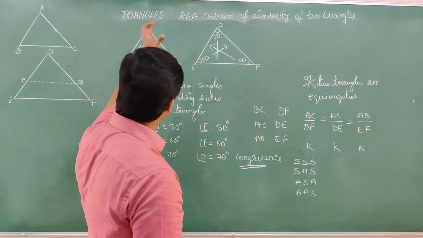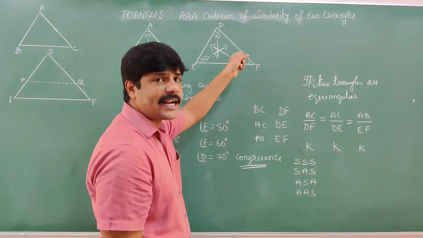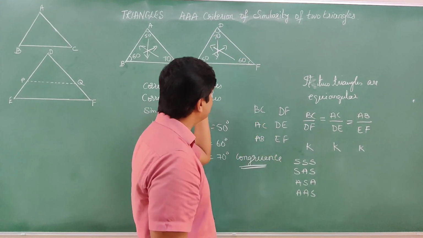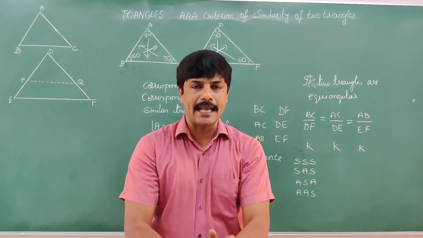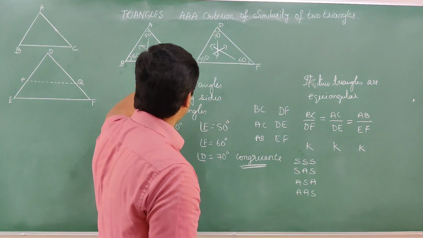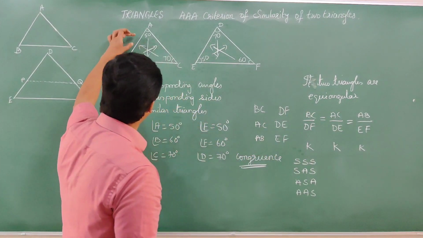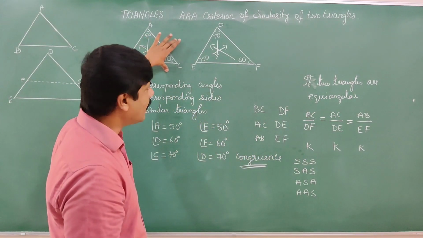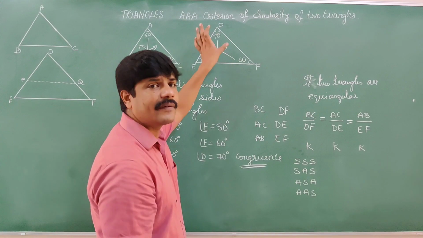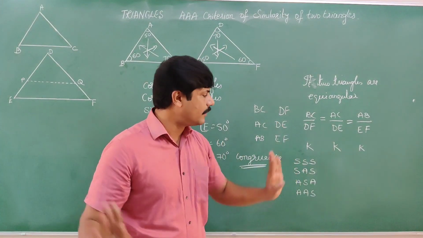So these are the postulates that prove congruence. If all three sides of one triangle are equal to three sides of another triangle, then the two triangles can be called congruent triangles. No need to prove all the sides, all the angles. Just prove that three sides of one triangle are equal to three sides of another triangle. Then you can say that they are congruent. All the angles are also equal.